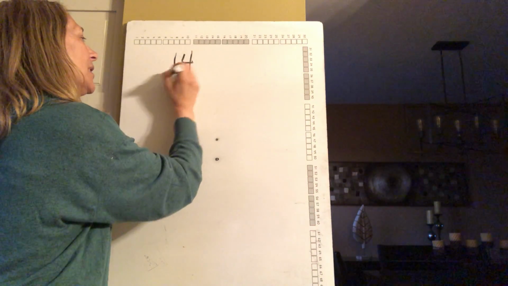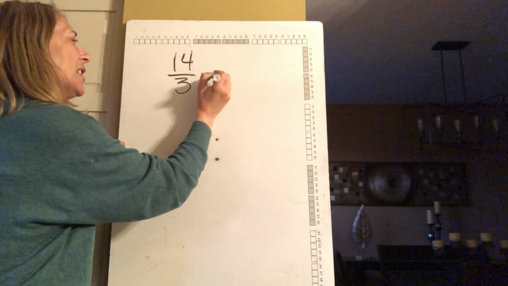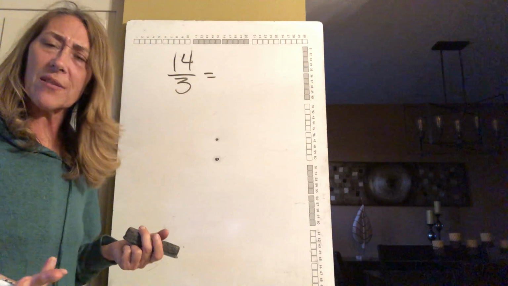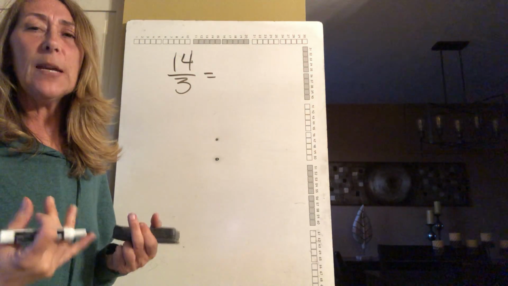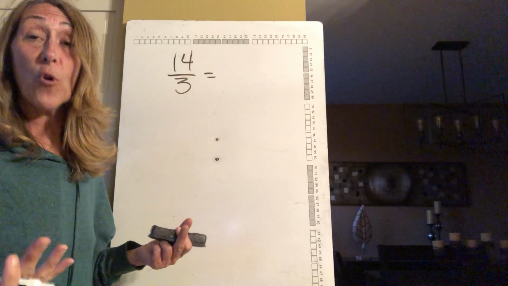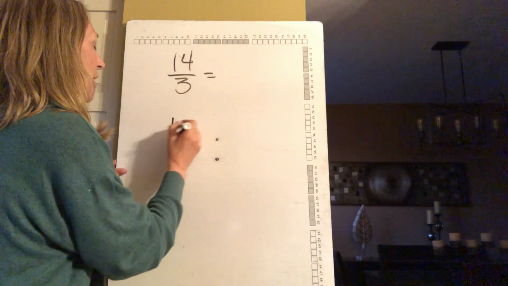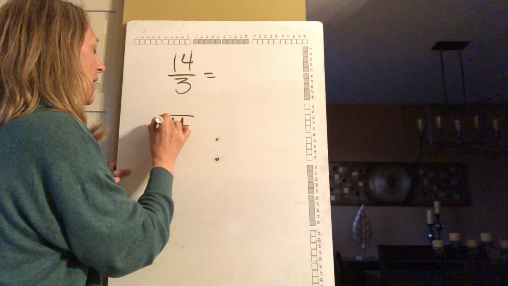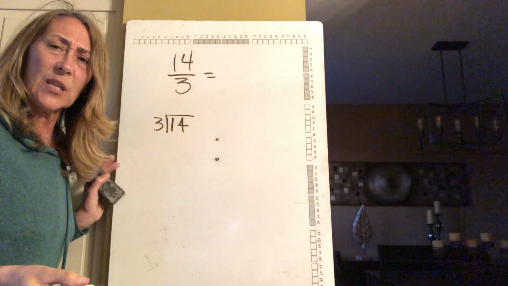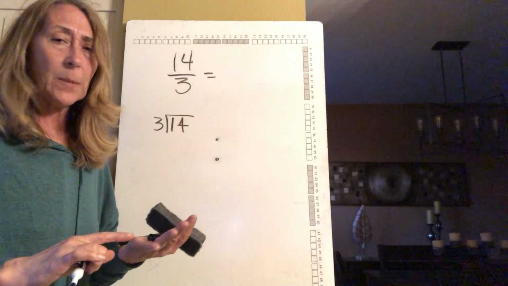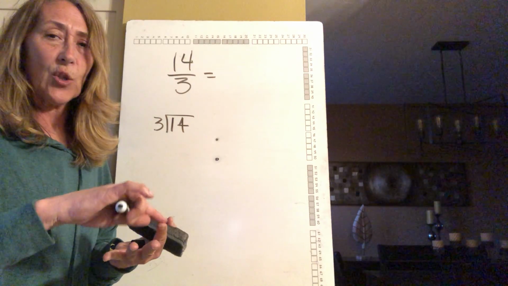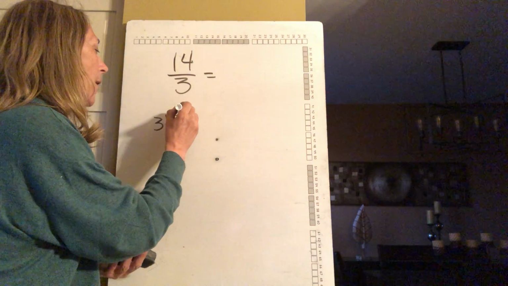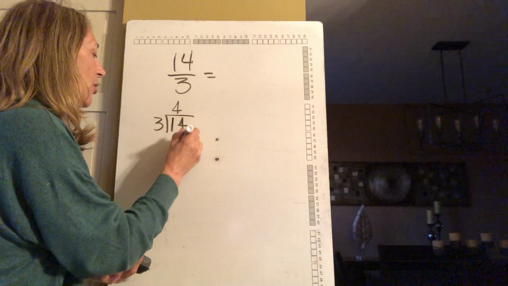Let's try 14/3. 14/3 is a fraction greater than a whole. It means I only need 3 pieces to make a whole, but I have 14. I'm going to divide 14 by 3. How many 3s are in 14? I know my multiples, so I can go 3, 6, 9, 12. So that's 4. 4 times 3 are 12.